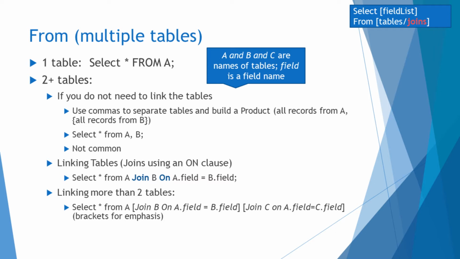In this case, I would do select star from customers, join invoices on customers.customer ID equals invoices.customer ID. So those field names in this case would be the same. They don't have to be the same. And you'll see in the examples that I'm going to use, sometimes they're not the same, and that's okay because the clause is going to tell the query which fields to attach. So if they're not the same name, that's okay.